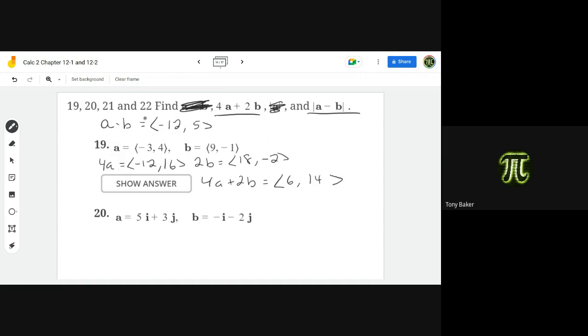Then the magnitude is the square root of 12 squared plus 5 squared. 144 plus 25 is 169, yes. So my magnitude of that one is 13.